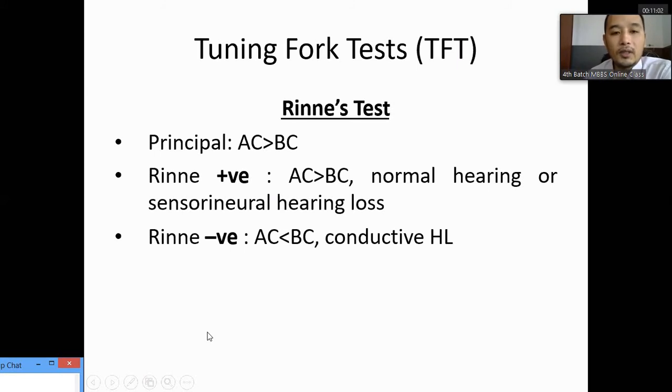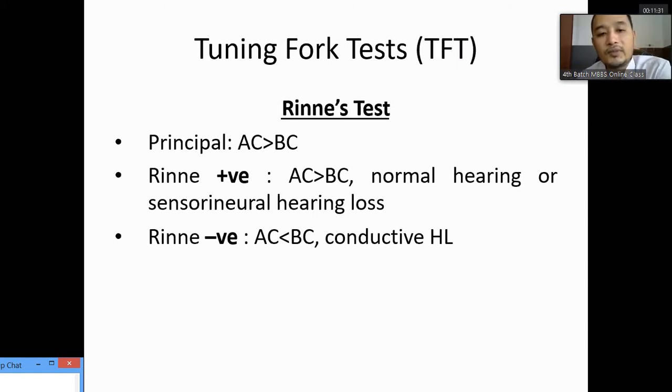Now there is another interpretation. It's called false Rinne's negative. The false Rinne's negative occurs when there is profound sensorineural hearing loss of one ear. So when we keep the tuning fork over the mastoid of the tested ear, the sound gets transmitted to the other ear through the vibration of the skull.